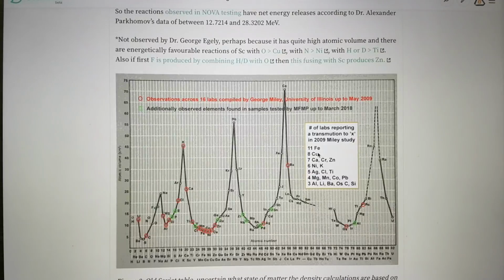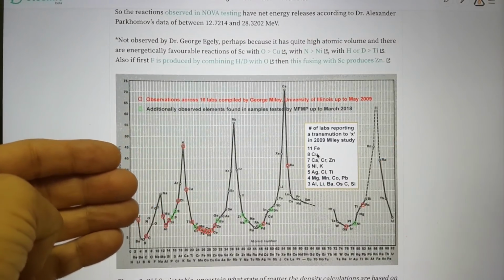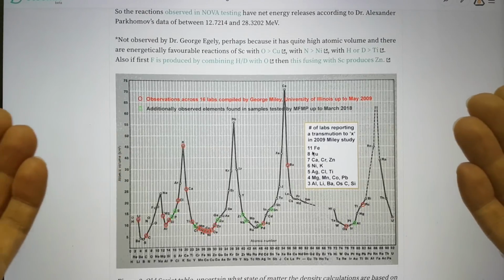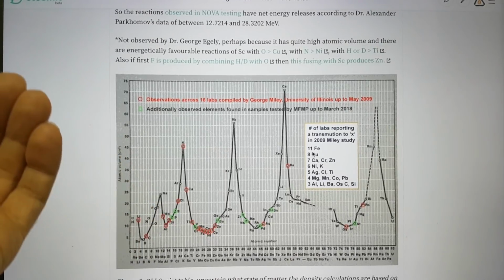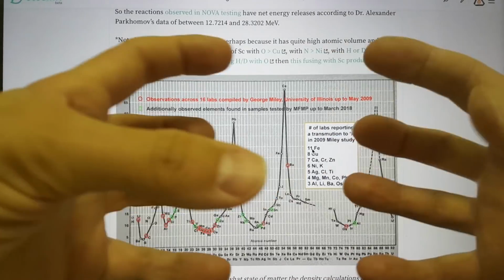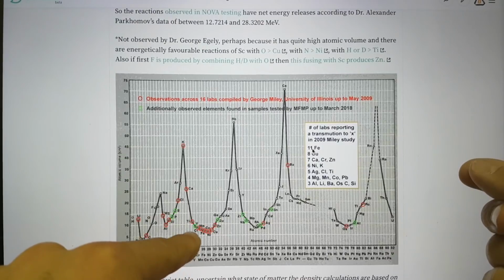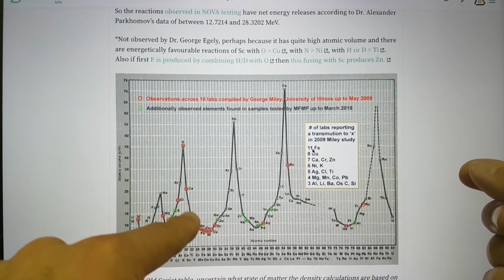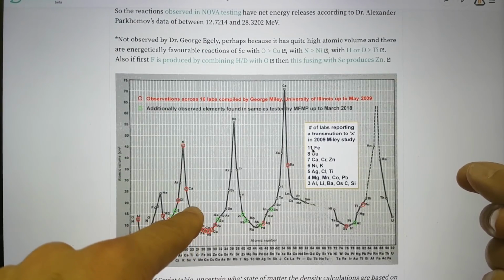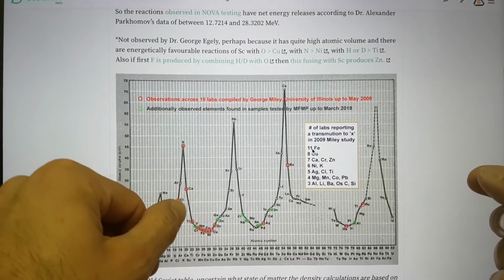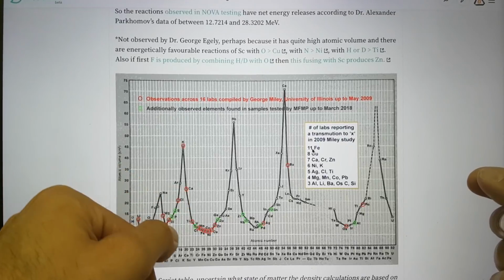Well, I want to return to this chart, which is the atomic volume chart, which I've been talking about, because I have an understanding that it may be due to a sort of implosion technology. And if you actually look where scandium is, it's somewhere here. It's not marked. We've not observed it, and no one else has observed it. But scandium is here, which means it's got a lot of atomic volume.